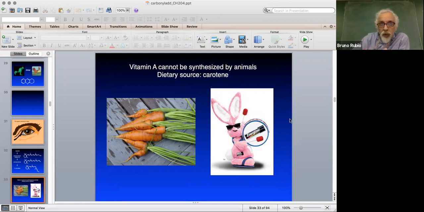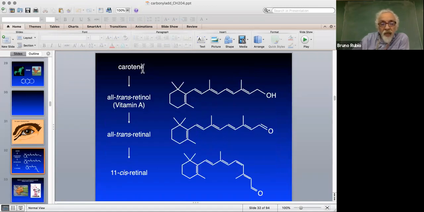Why would you never see a rabbit wearing glasses? Because rabbits eat carrots, and carrots have carotene in them. And the carotene molecule is enzymatically processed into all trans retinol, which is also called vitamin A. Maybe some of you who are interested in dietetics have seen this molecule before. That's vitamin A. And you notice that all of these double bonds in vitamin A are trans.